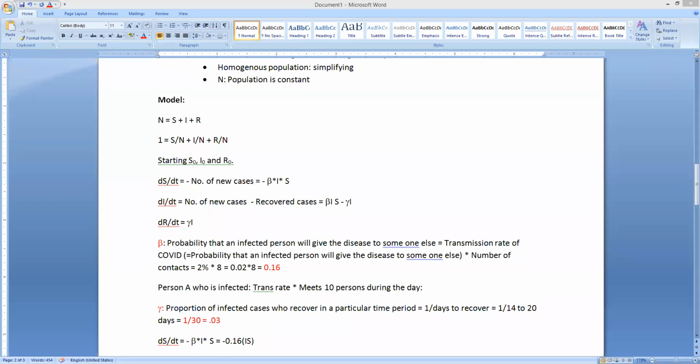So this is the total population. We just have to put in a value. Let us say there are 999 people who are susceptible, and the remaining people are infected.